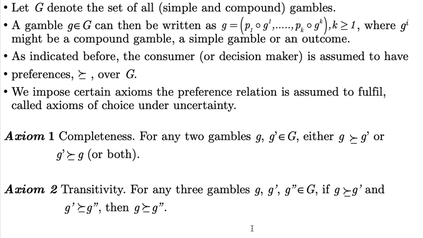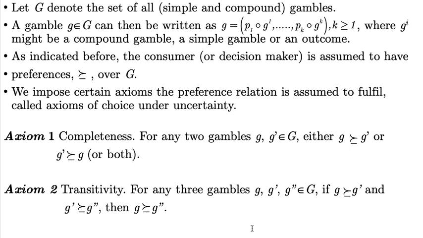So we know that we have a set of gambles which consists of simple and compound gambles, but we only want to focus on simple gambles. So from this set of gambles, we want to see certain properties or axioms so that all of this set of gambles can be boiled down to simple gambles only.